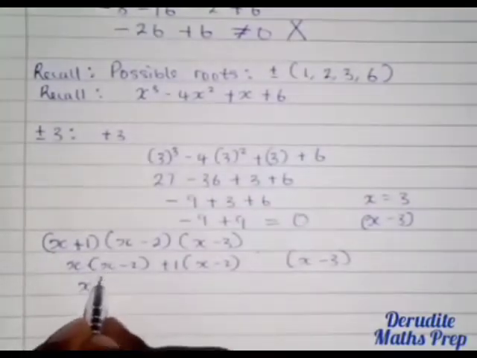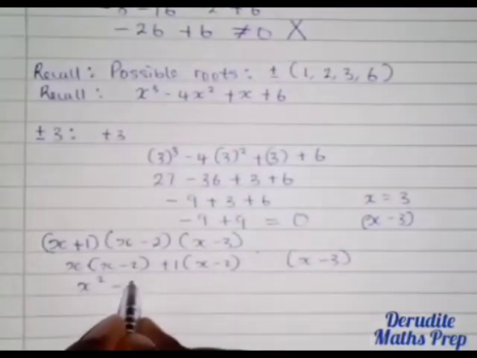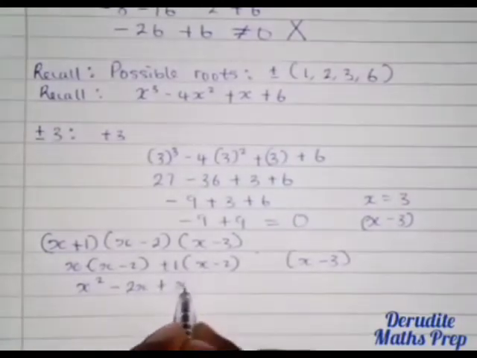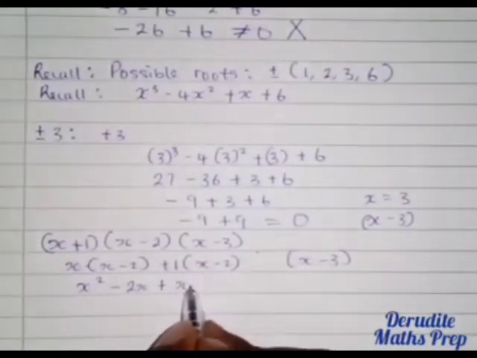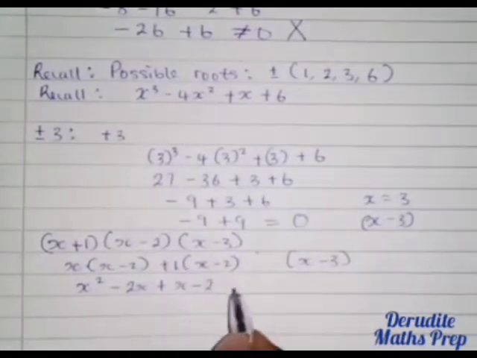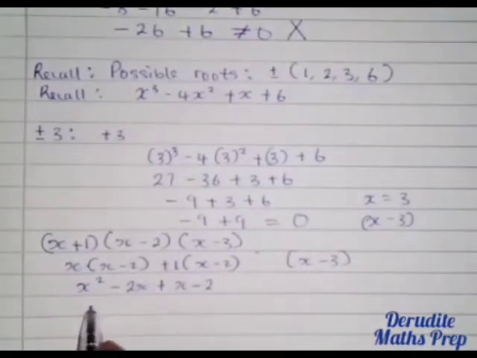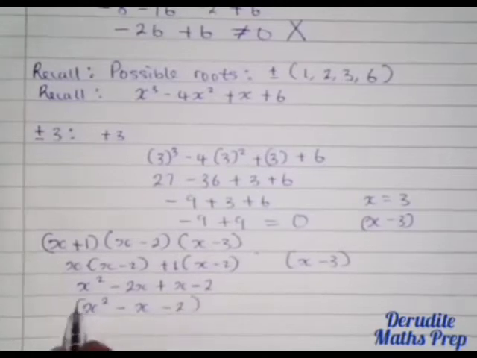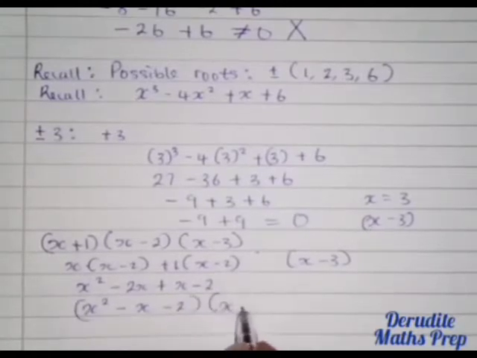X times x is x squared, x times minus 2 is minus 2x, plus 1 times x is x, plus 1 times minus 2 is minus 2. Then let's collect like terms. So we have x squared minus x minus 2x plus x is minus x, minus 2.